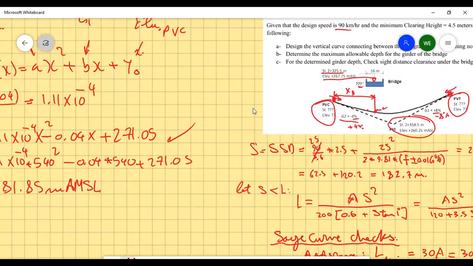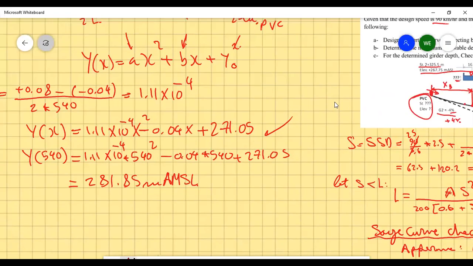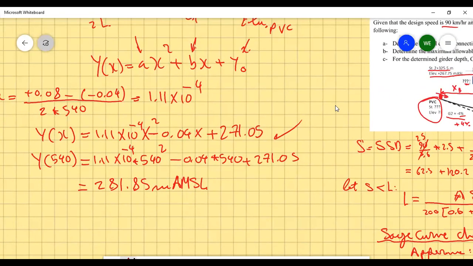So x bridge equals the station of the bridge minus the station for the BVC.